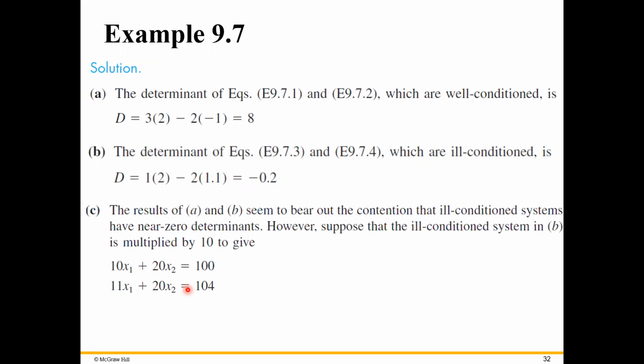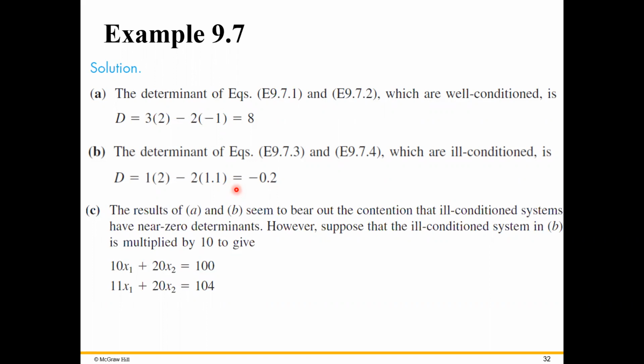This is true for both systems: the first, which is a well-conditioned system, and the second, which is an ill-conditioned system. In both cases, the determinant will be increased by 2 orders of magnitude. 2 orders of magnitude means a factor of 10 to the power 2, that is, 100, in this case.